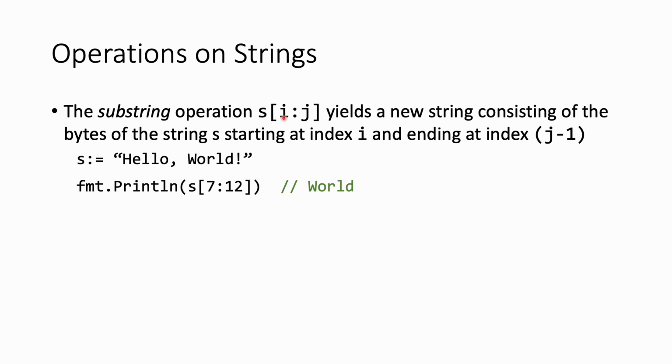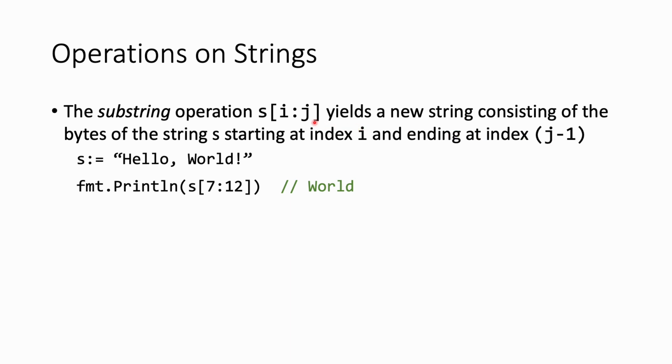A range of indexes is written as two indexes separated by a colon. If S is a string variable, then S[i:j] is a new string consisting of the bytes of the string S starting at index i and ending at index j minus 1.